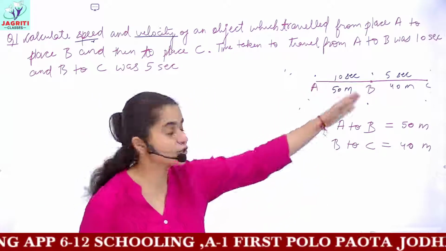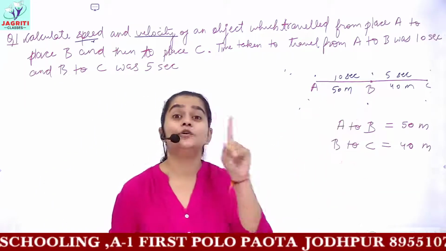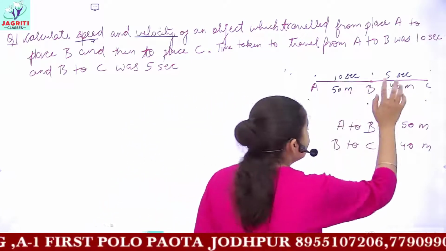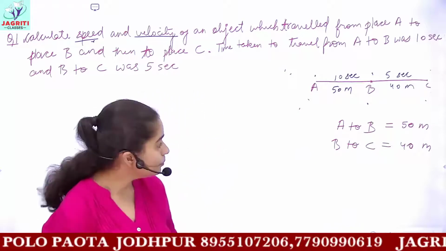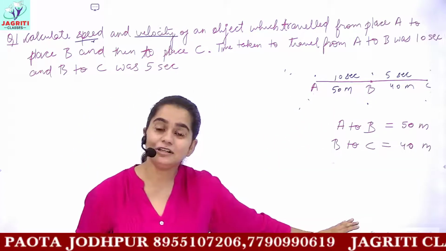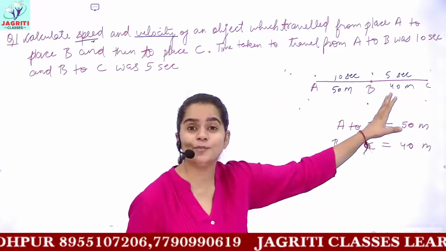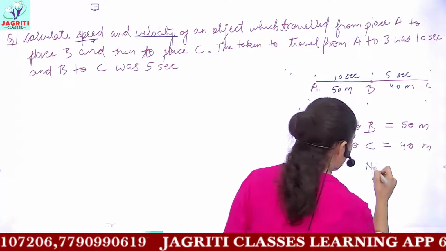Which kind of motion is this? Correct? This is an example of non-uniform motion because this object is traveling unequal distance in unequal time intervals. When both your distance and your time interval are unequal, it is definitely a non-uniform motion. For non-uniform motion, what conditions do you have?